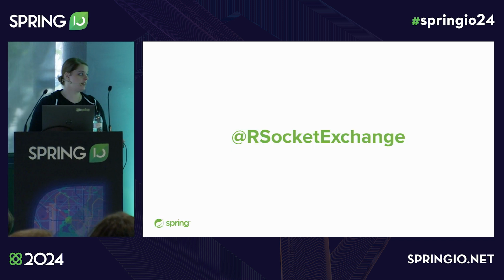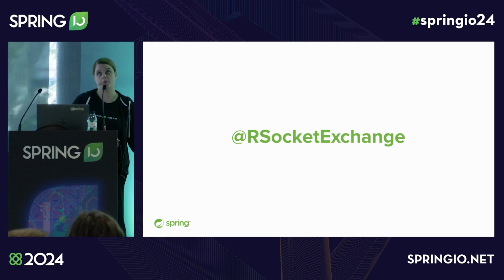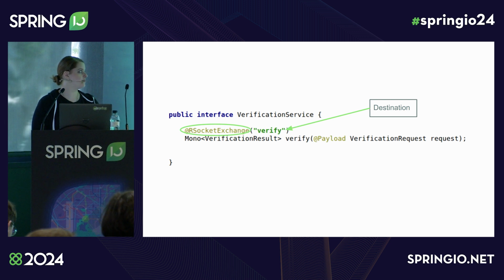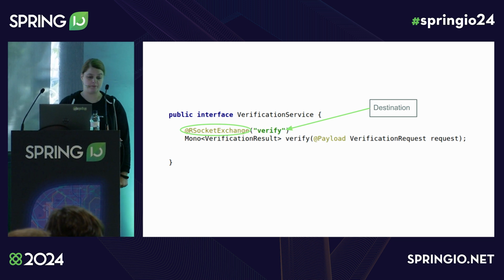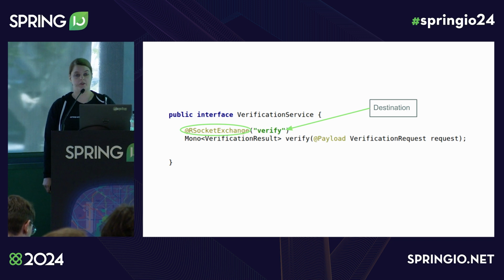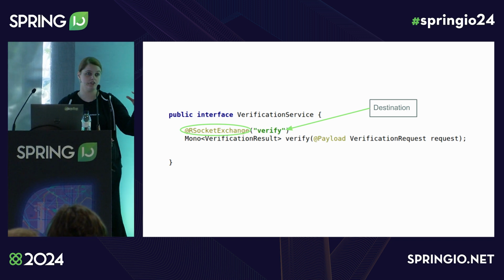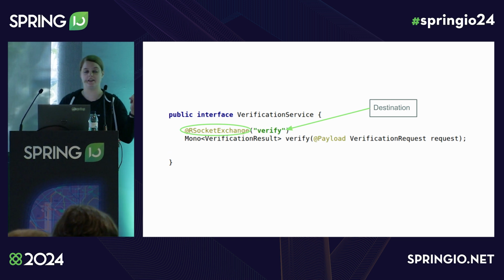And then our dedicated annotation is RSocket exchange, while in the responders, we use message mapping. Again, an interface, annotated methods. Here we have fewer options. For example, we had more attributes for HTTP exchange. Here we can only set the destination. That is also the value that we will set on the responder side in the message mapping.